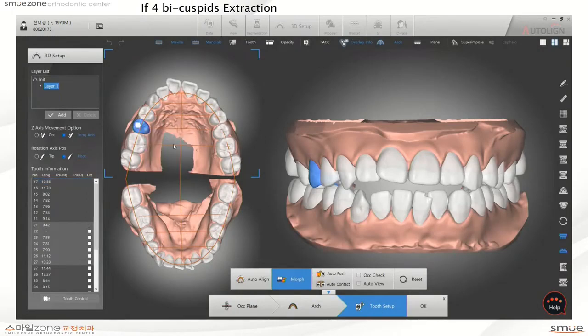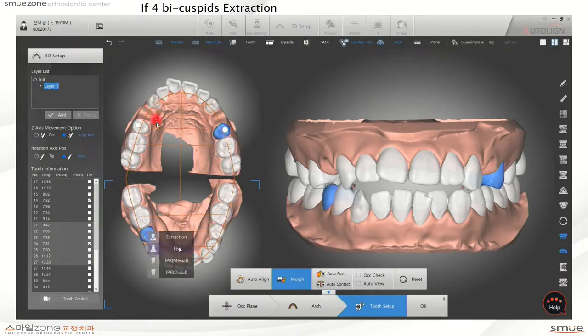And if we fix that one, the posterior doesn't move at all, and then we just see after extraction to align the anteriors ideally as we want. Then we can see how much space we can close.